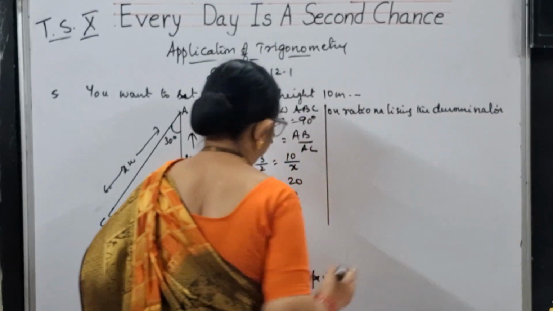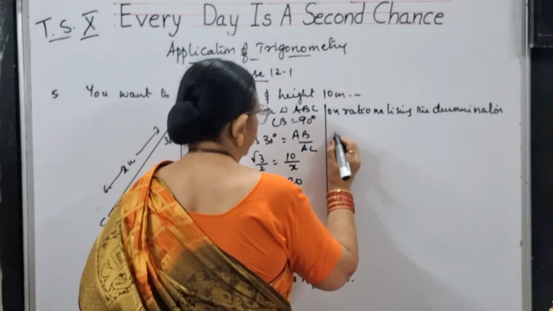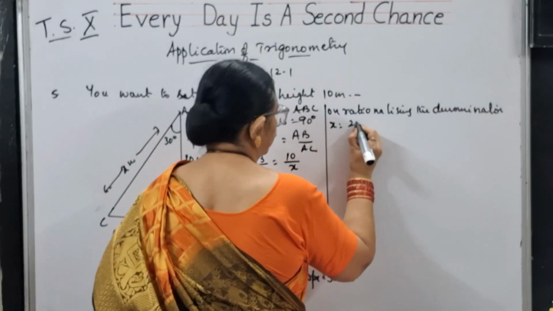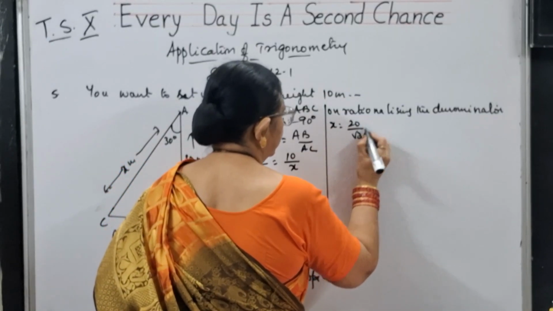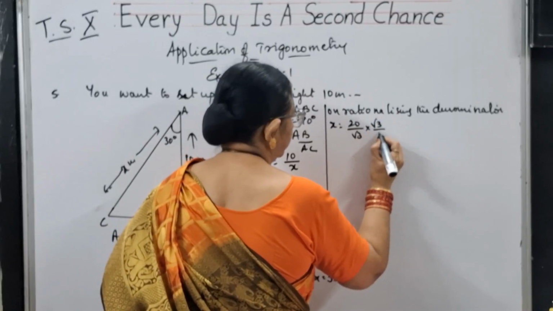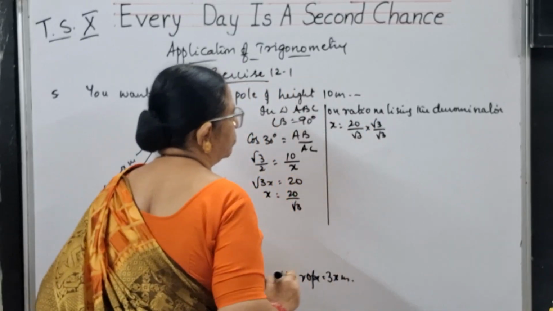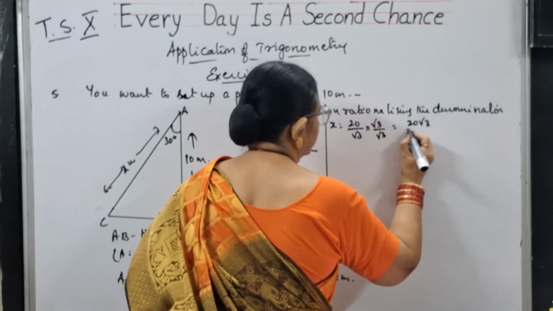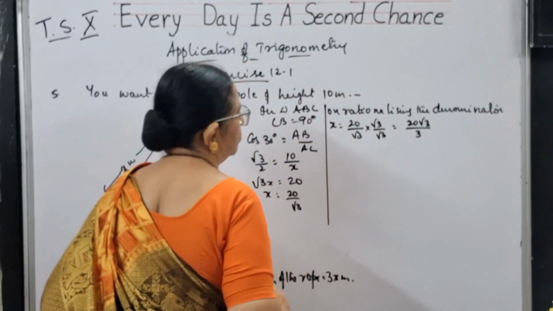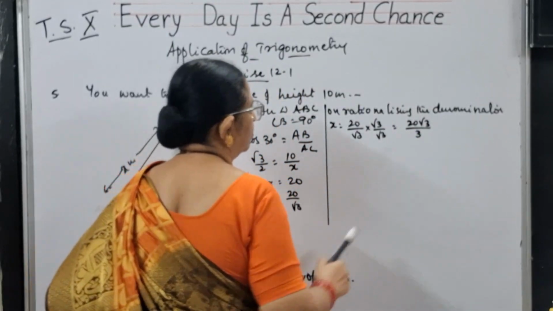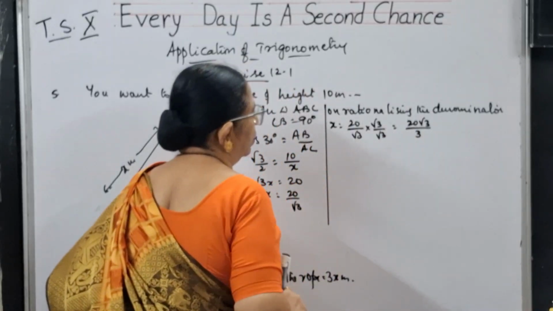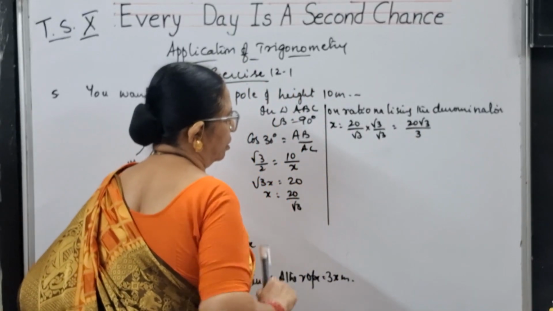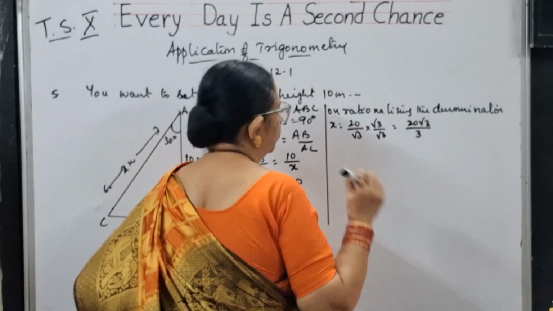On rationalizing the denominator, what are you getting? x is equal to 20 by root 3 into root 3 by root 3. So how much are you getting? 20 root 3 by 3. Okay, 20 root 3 by 3 is the value of one rope.